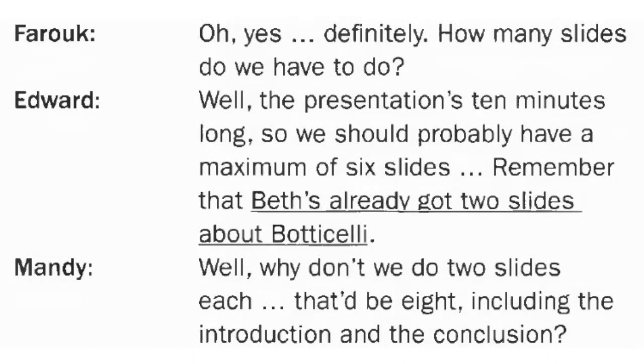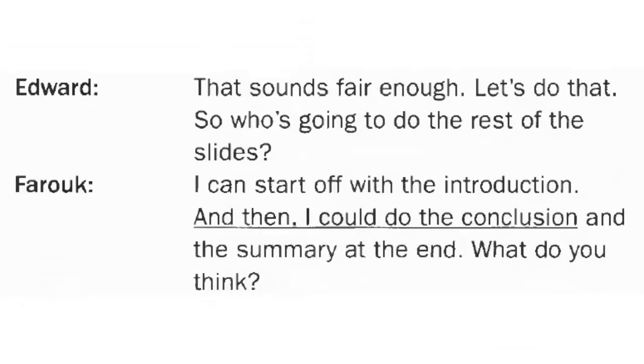Oh yes, definitely. How many slides do we have to do? Well, the presentation's 10 minutes long, so we should probably have a maximum of 6 slides. Remember that Beth's already got 2 slides about Botticelli. Well, why don't we do 2 slides each? That'd be 8, including the introduction and the conclusion. That sounds fair enough. Let's do that.